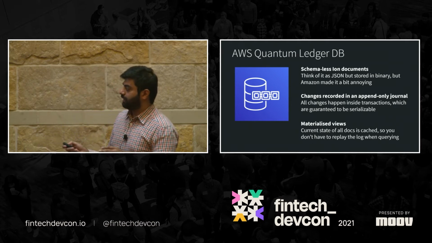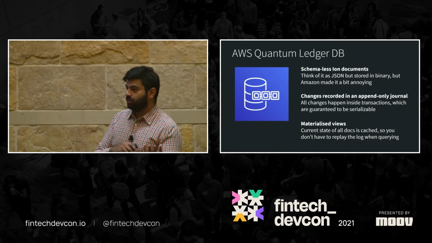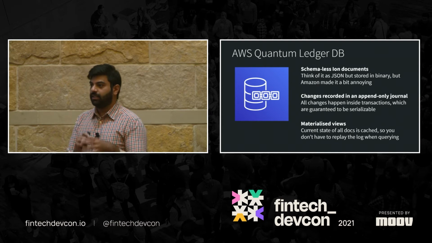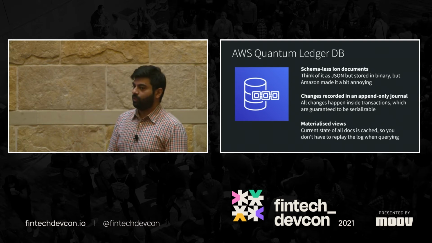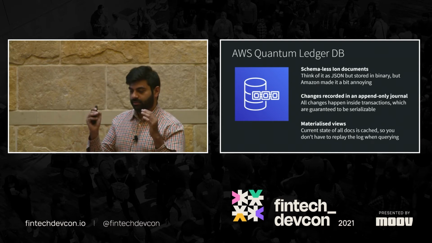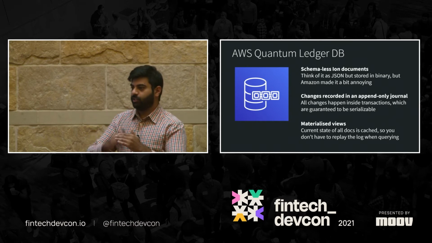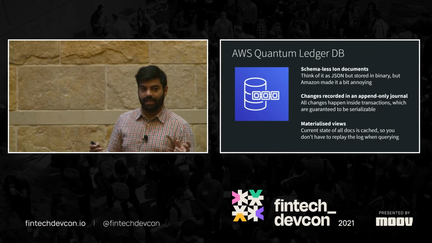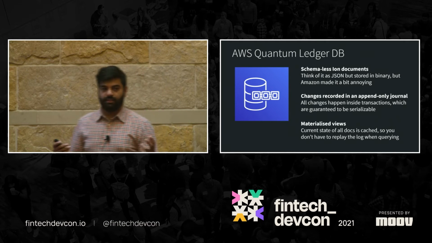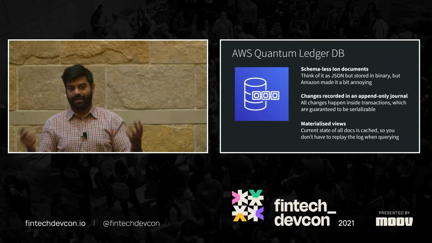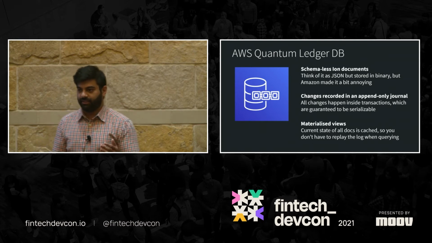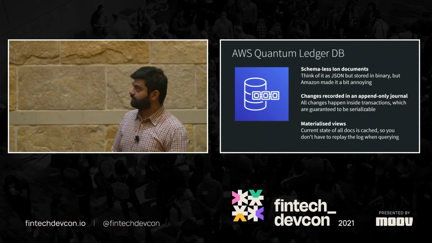The first thing is that it's schemaless. So Postgres also supports JSON documents and that sort of thing. This is similar, where you can store arbitrary JSON documents. They're not actually JSON. Amazon thought, let's reinvent the wheel, and invented this thing called Ion, which has a lot of the semantics of JSON, but it's stored in binary and has some extensions.